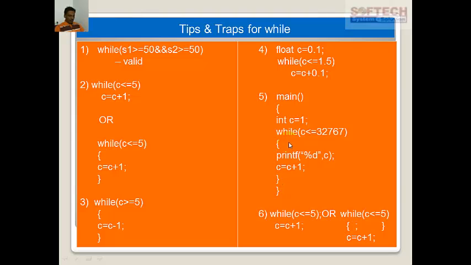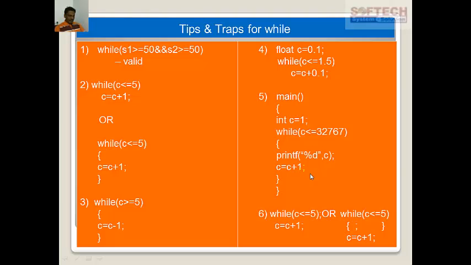So the loop continues. Is minus 32768 less than or equal to 32767? Yes, the condition is true because the minus value is less than 32767. So it displays minus 32768. Then it adds 1.